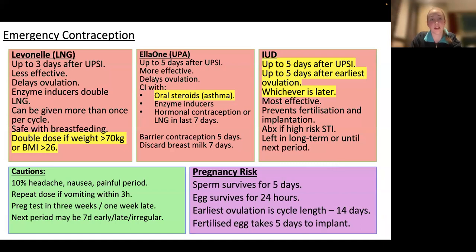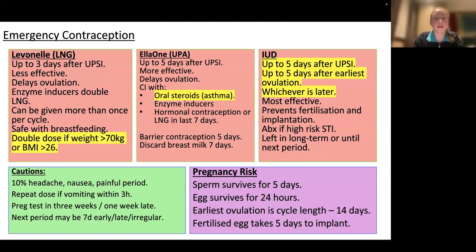And then Levonelle is the least effective option, and it can be used up to 3 days after unprotected sexual intercourse. And I should say, with both Levonelle and Ellaone, they're most effective the earlier they're used. So if you're getting 3 days on rather than day of, they do get less and less effective.